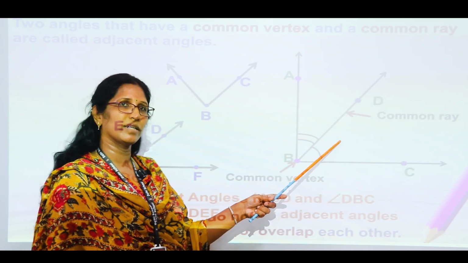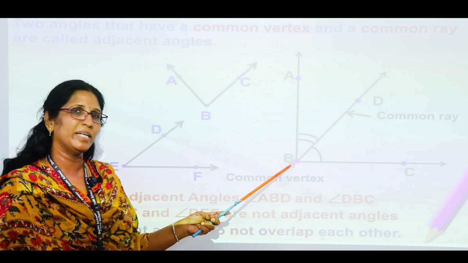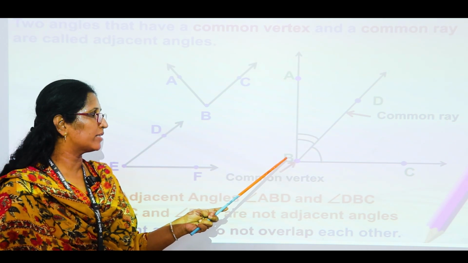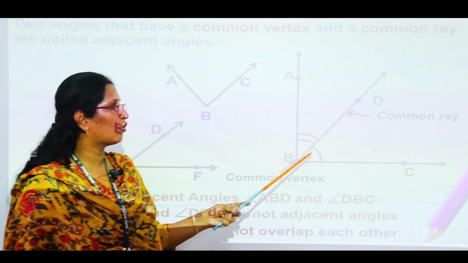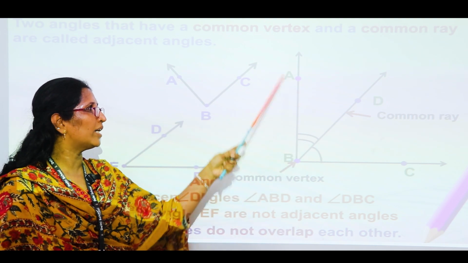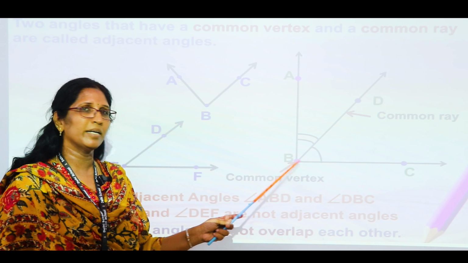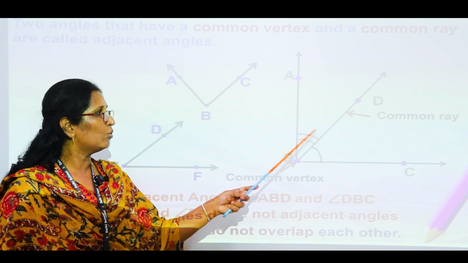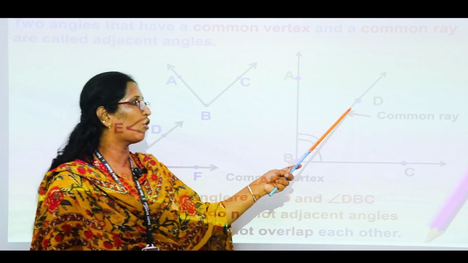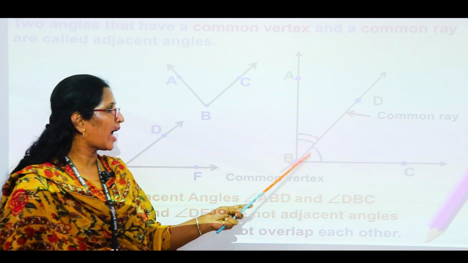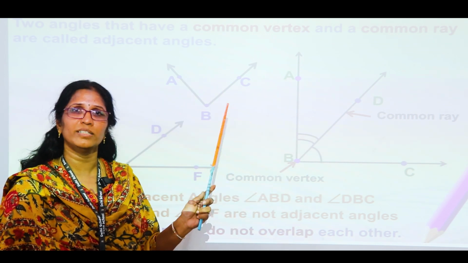In these two angles, there is a common vertex, point B, which is called the common vertex for both angles, and BD is the common ray shared by angle ABD and angle DBC. So when two angles have a common vertex and also a common ray, those angles are called adjacent angles.